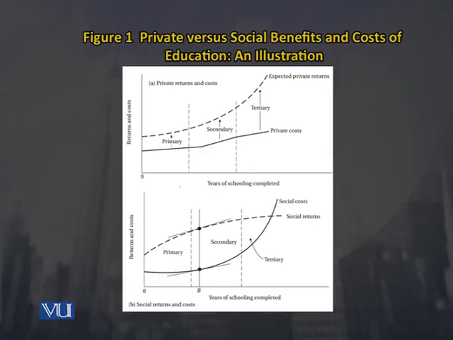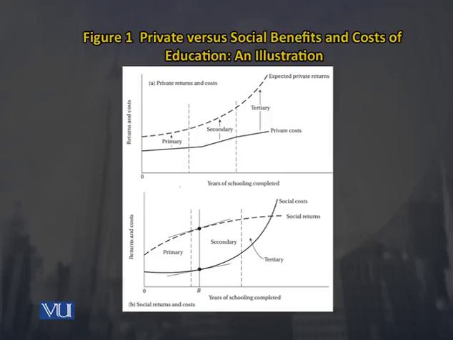If you acquire tertiary or higher education, your private return becomes the highest and your private cost is not very high. So the difference between the two is the largest, which indicates that if we account for private returns and private costs, the best combination for individuals is to acquire higher education, where the net return becomes the maximum for themselves.